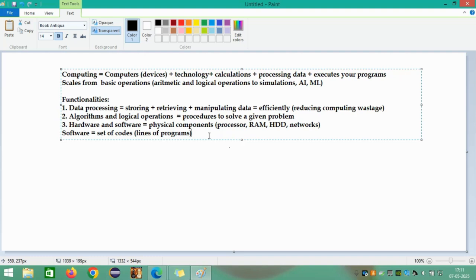To make the communication possible between the computers and human interaction, we have various languages, which start right from C, C++, we have Java, Python, PHP, HTML, we have Perl, not limited to.